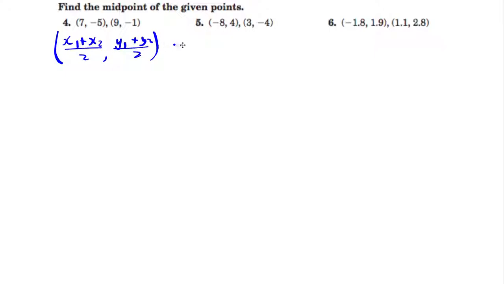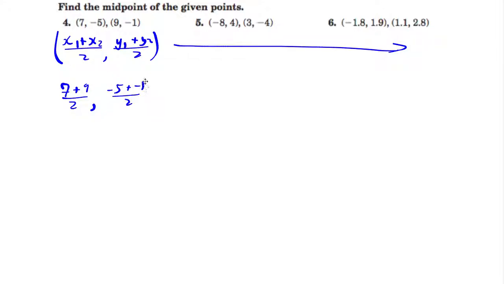That's the midpoint formula. So for this first one, it's going to be 7 plus 9 over 2, comma, negative 5 plus negative 1 over 2. And so we're going to have 16 divided by 2, which is 8. And then negative 6 divided by 2, which is negative 3.